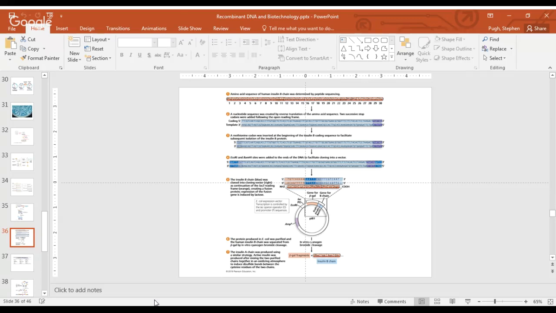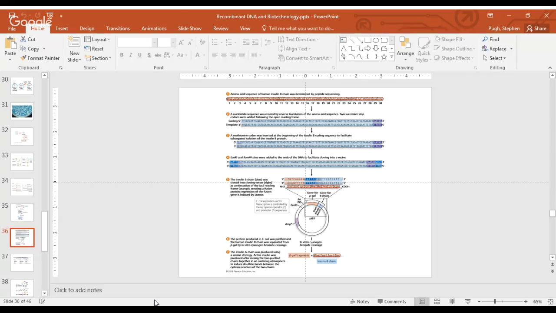That caused all sorts of problems. The protein wasn't always properly purified, and so other proteins might be included, and that could lead to the development of allergic reactions, depending on the source of the insulin, and it eventually caused problems for those patients. So this is a much better technique.